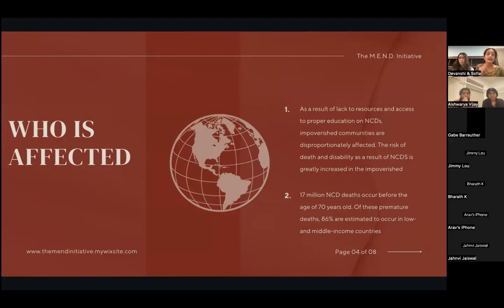Of these deaths, 86% are estimated to be in low and middle income countries. Again, emphasizing what I said earlier, the reason these deaths are more prominent in impoverished people is because they don't have access to the treatment that they need to get better. As a result, a lot of death and sickness happens.